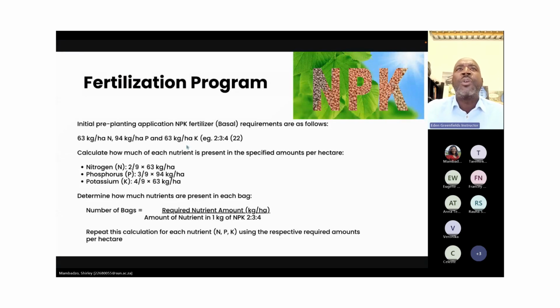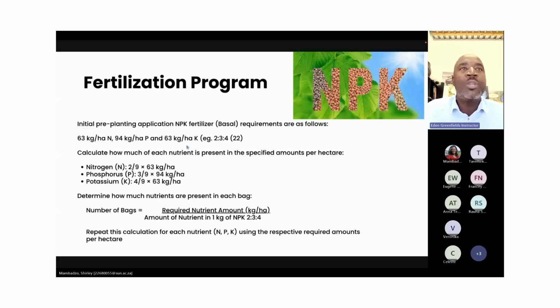And like I said, this NPK is a 2-3-4, which means 2 parts of nitrogen, 3 parts of phosphorus, and 4 parts of potassium.